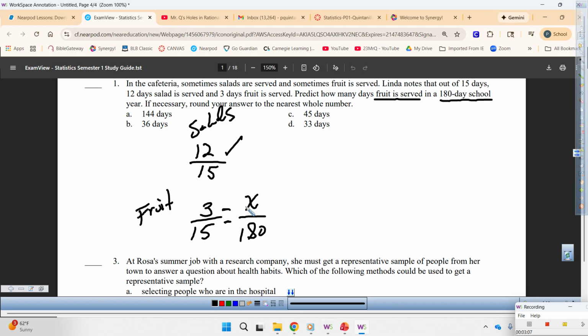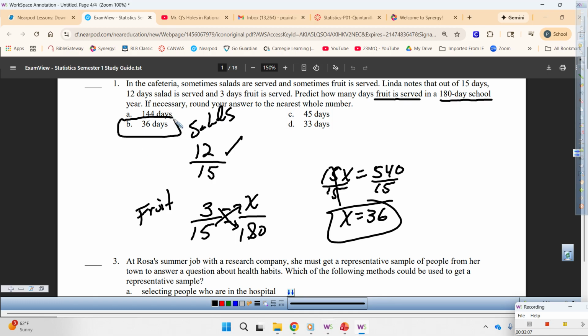So on top we write x. So 15 times x, 15x, equals 3 times 180, that's 540. Divide by 15, divide by 15, x equals, is it 36? Correct answer is B. Check your work, please.